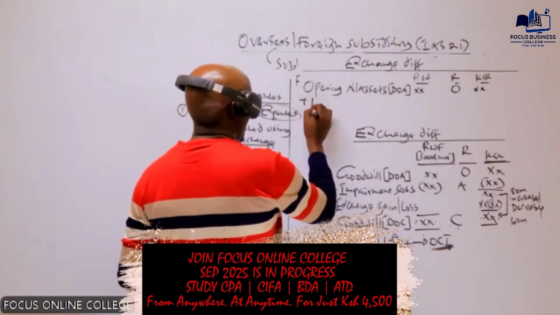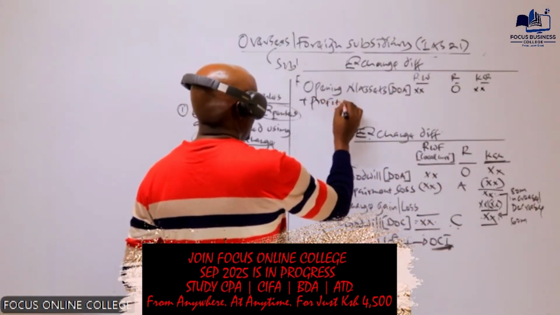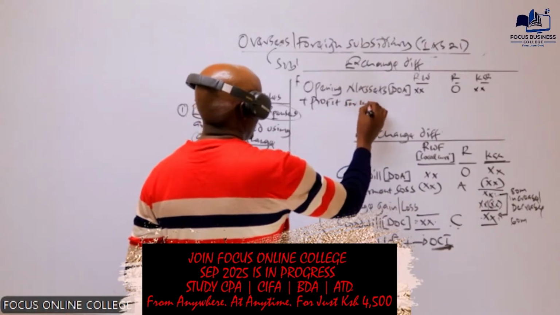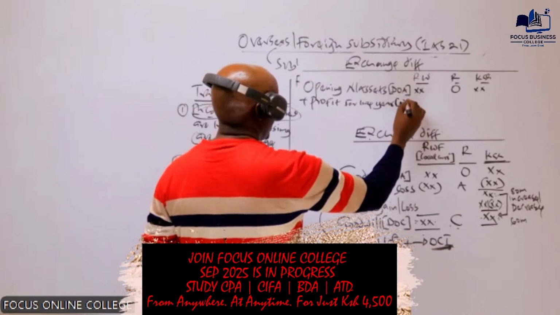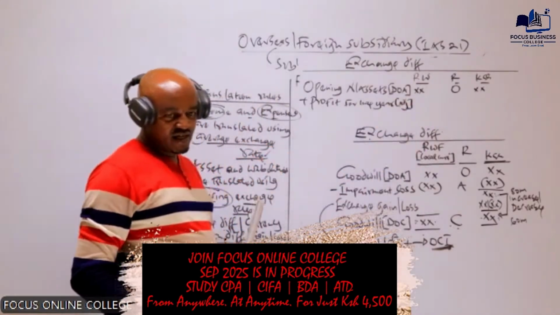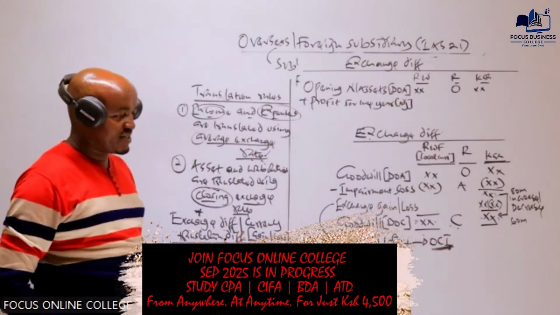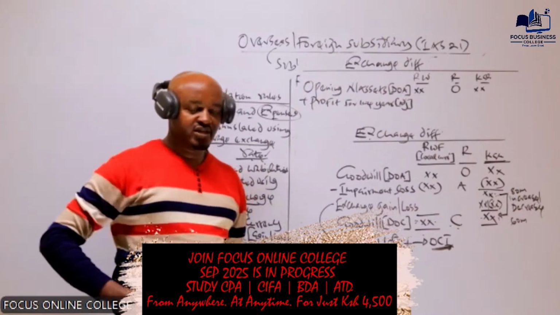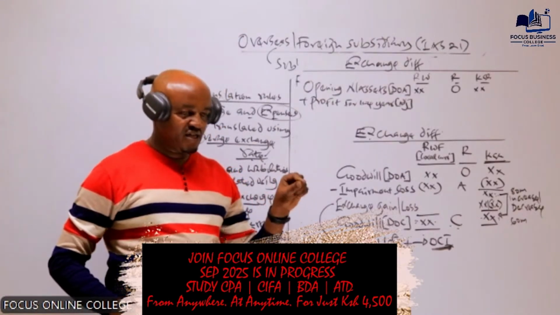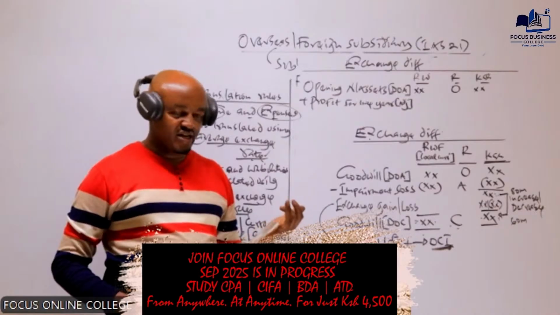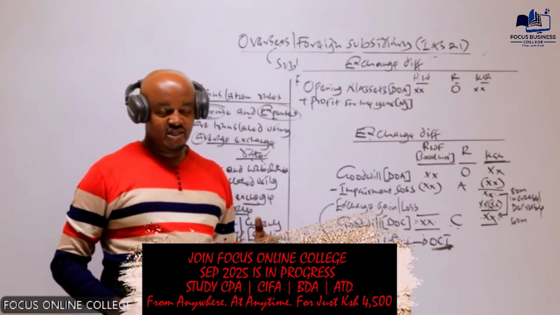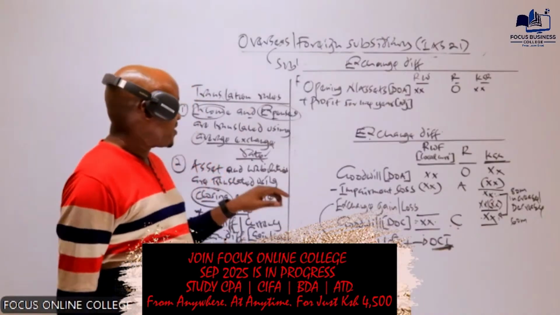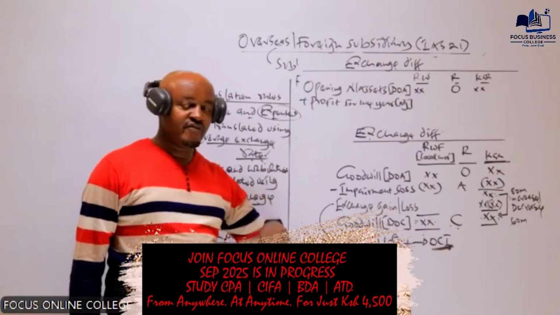And then to this, you add the profit for the year. Remember, this is the profit for the year for the subsidiary. In case there is some adjustment which should be made in the income statement of the subsidiary, like depreciation or other charge, maybe amortization, which was not accounted for by the foreign subsidiary as a result of fair value adjustment.